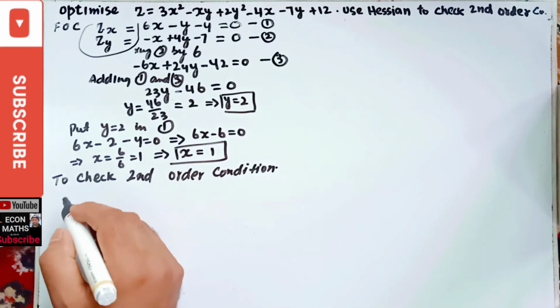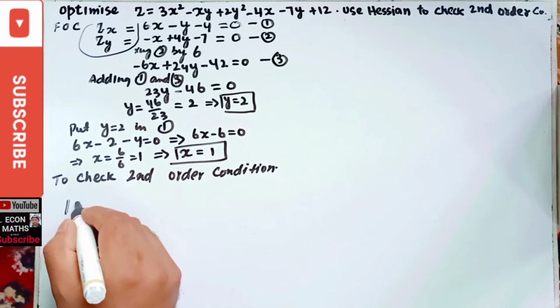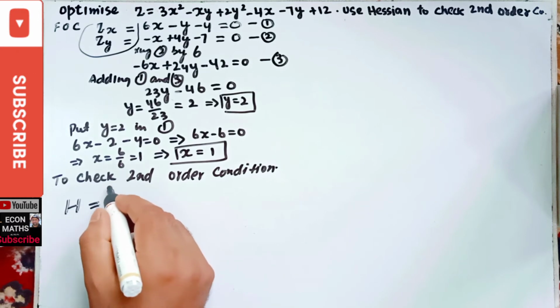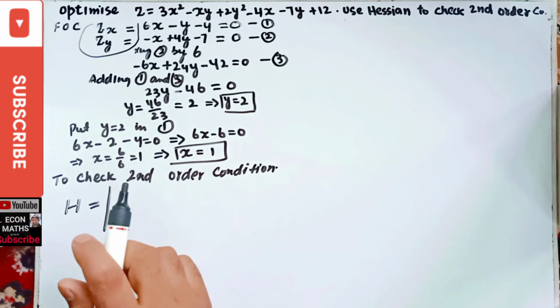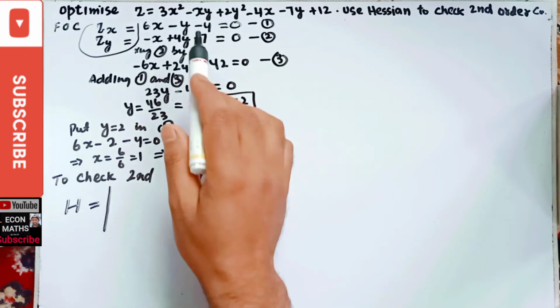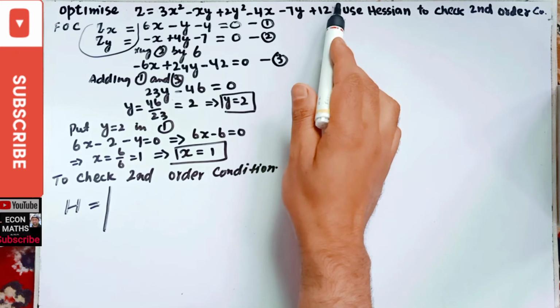We write H is equal to, so H is a matrix which is composed of all the second order partial derivatives of the given multivariable function.